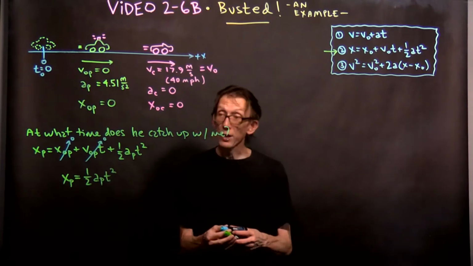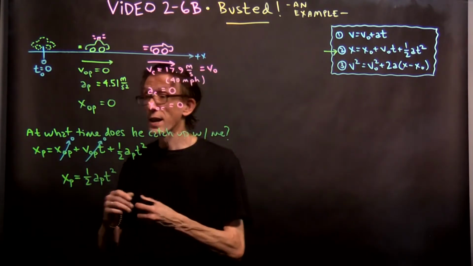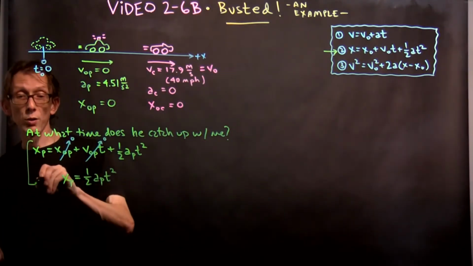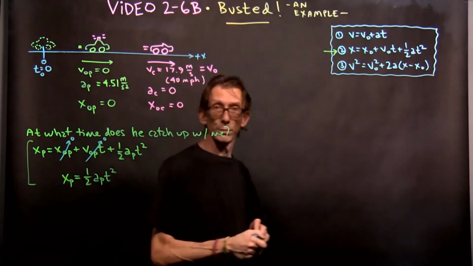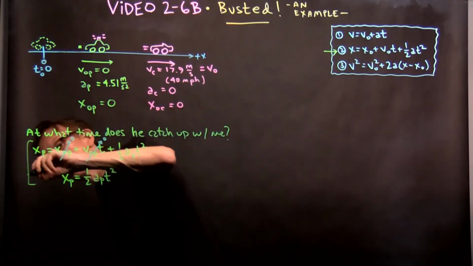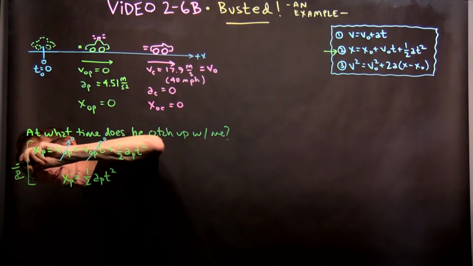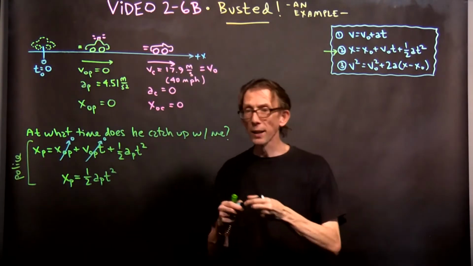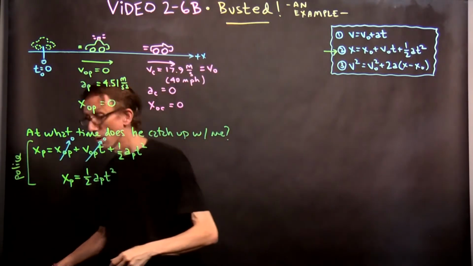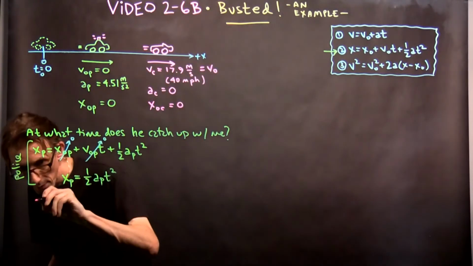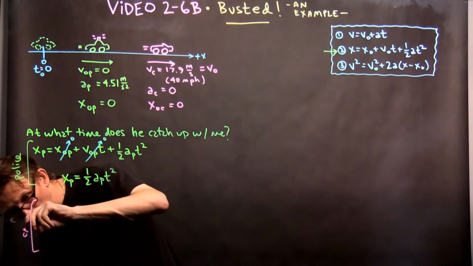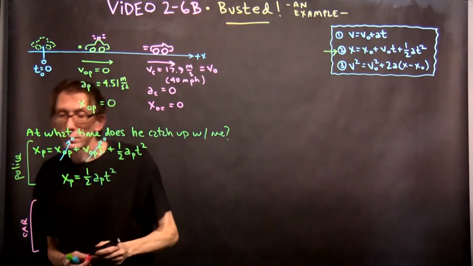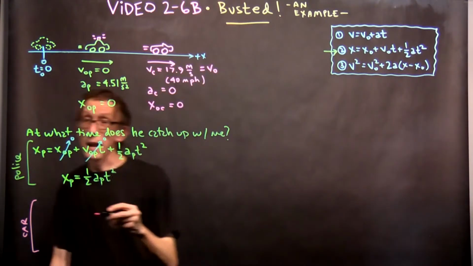What we need to do, though, is to do a similar thing. All of this is in green. It applies to the police officer. That's why all the subscripts have P's. We need to do the same thing now, but for me, the car. Okay. We're going to write the same expression out.